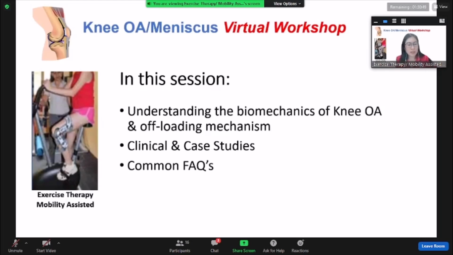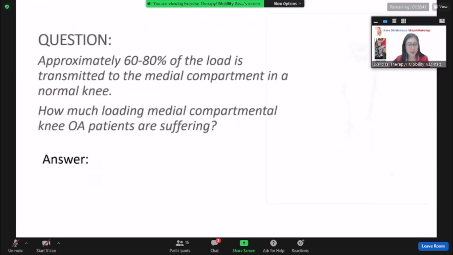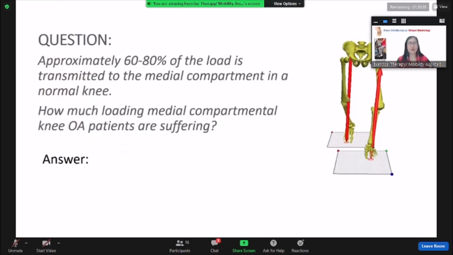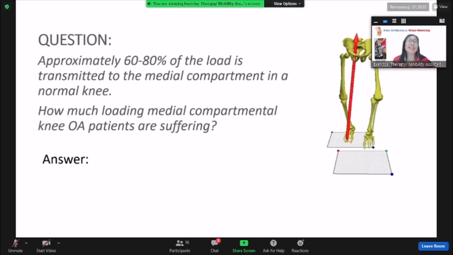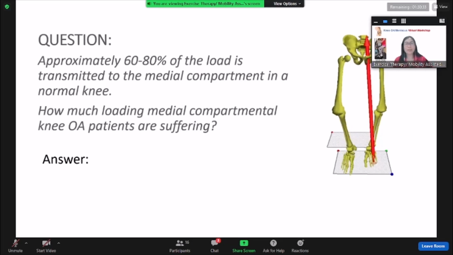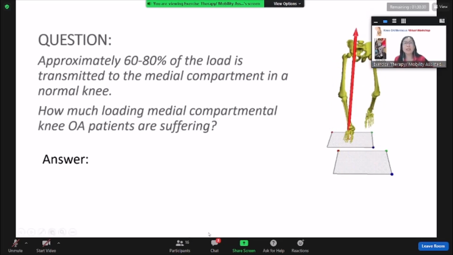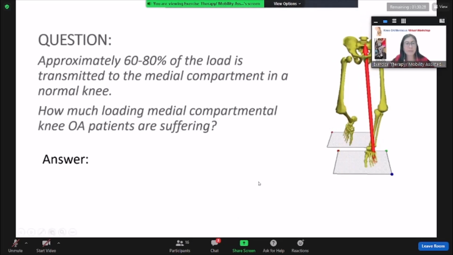To kickstart this session, we'd like to get some of your answers to this question. Oops, I showed the answer too early. Approximately 60 to 80% of the load is transmitted through the medial compartment of a normal knee.